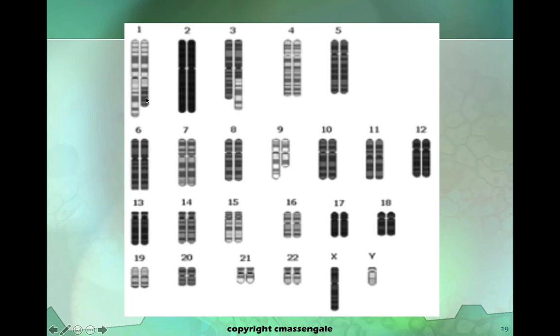But we go over here to number 1, it's really light, and it's missing a piece right here. It's a lot shorter of a chromosome on this side, and so what happened here is they traded locations, and that's a type of chromosomal mutation. There's really no specific ones we'll have to learn here. You'll just have to make sure that you're able to identify them.